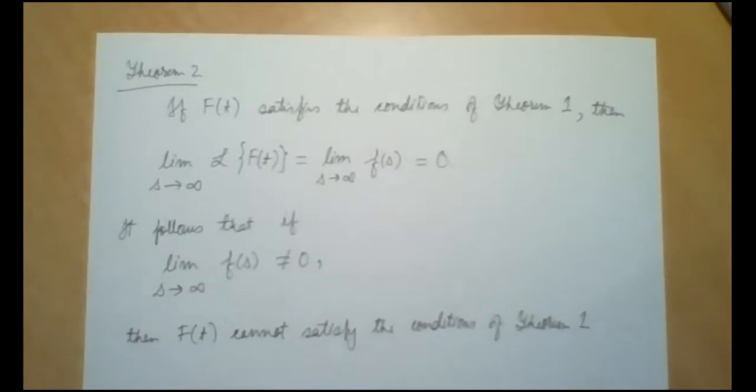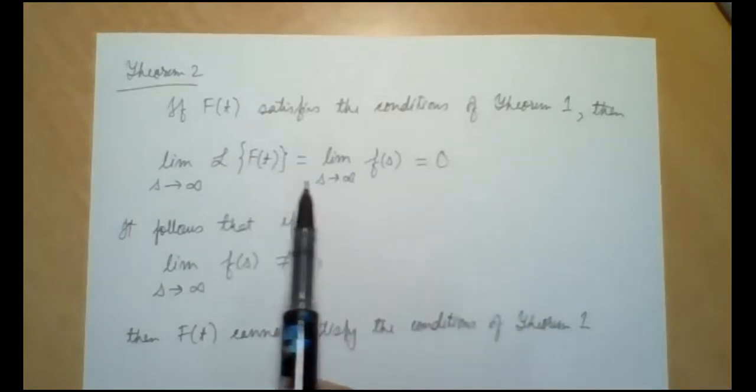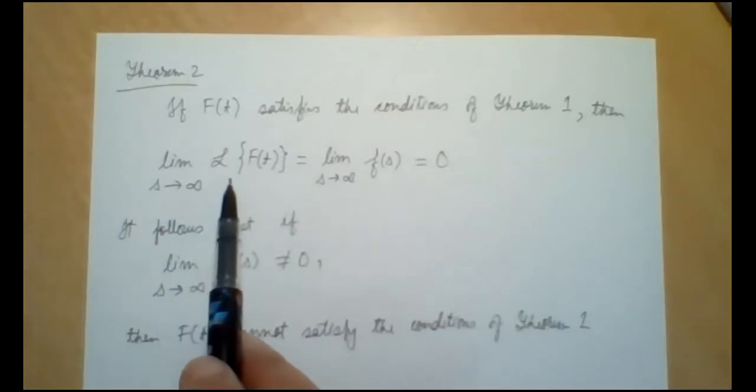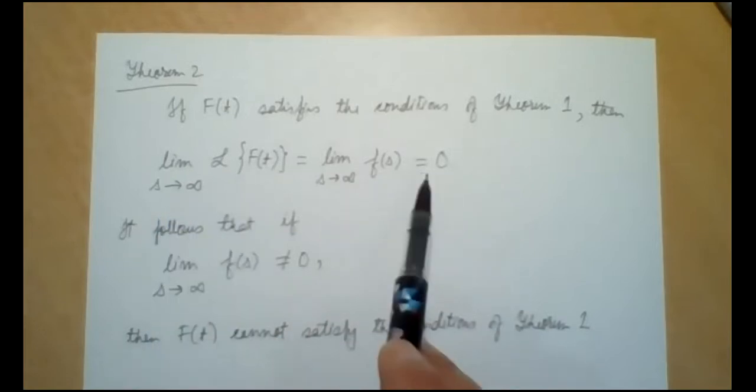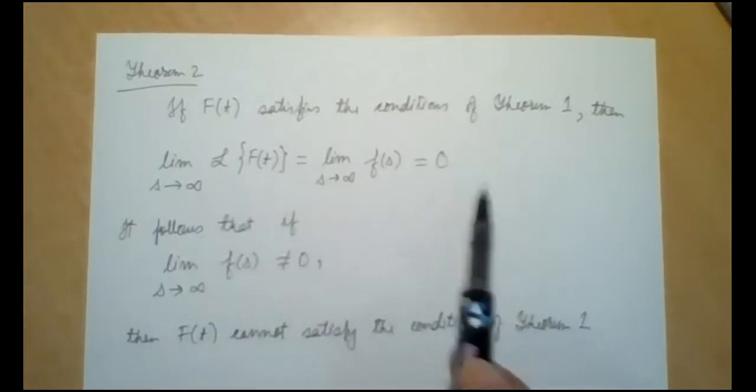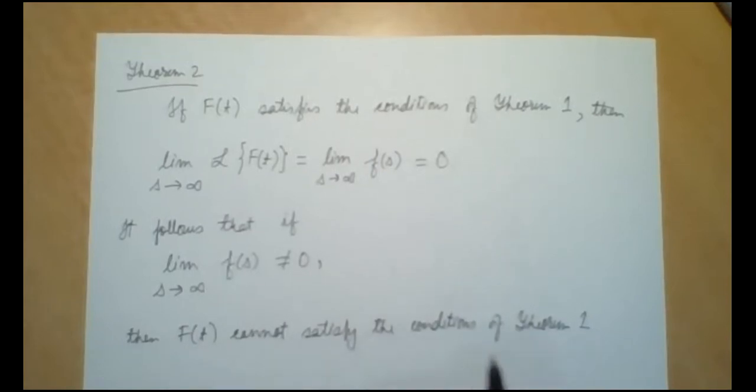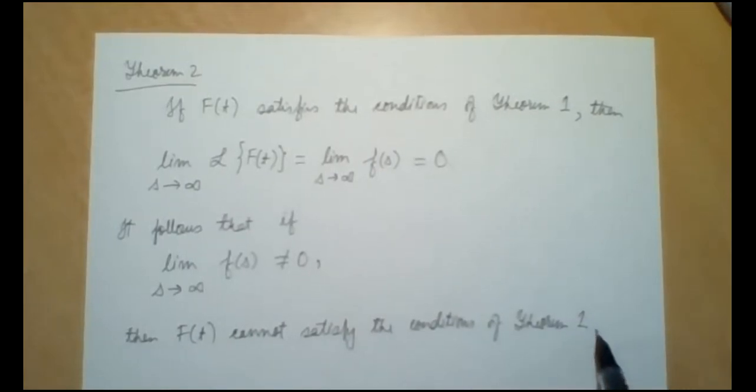Okay. So I repeat, if the function f of t satisfies the conditions of theorem 1, then the limit of the Laplace transform of that function, the limit s tends to infinity, should be 0. And if this is not 0, then the function cannot satisfy the conditions of theorem 1.